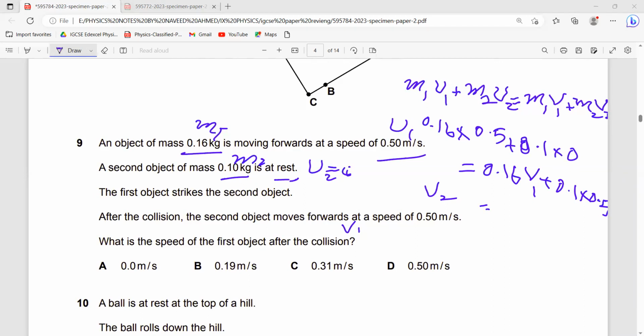Okay, we are going to calculate this. 0.1 something. So round off and you will get this. B is the right option for this question.